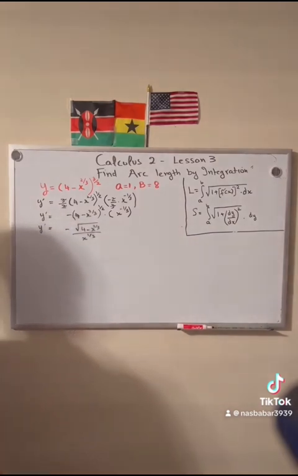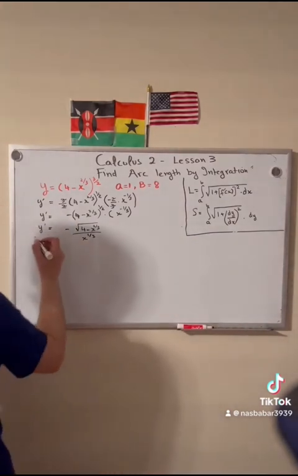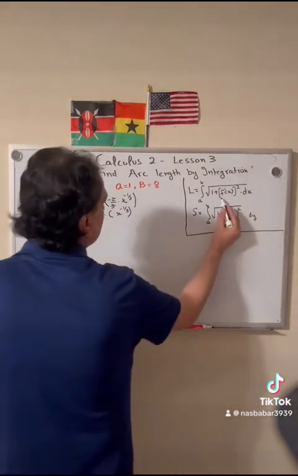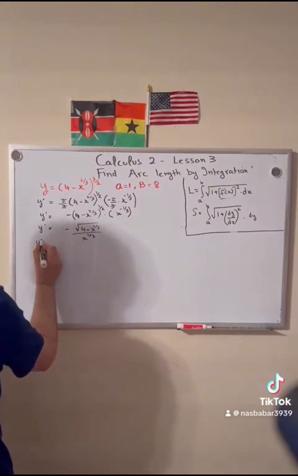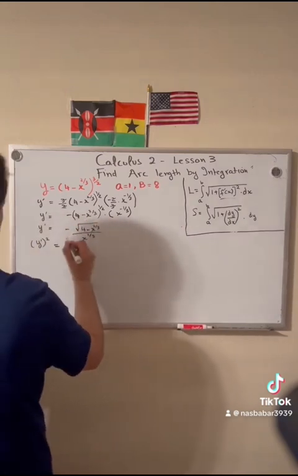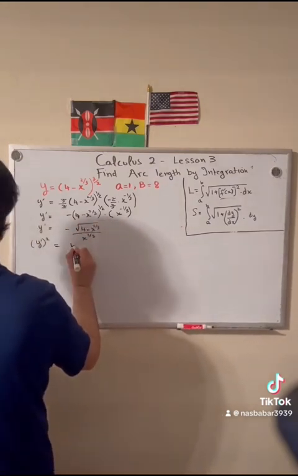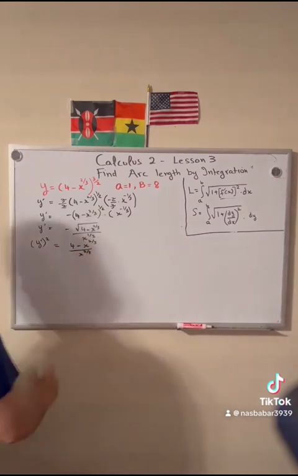All right, so now we take the square of y prime, because that's what we need right here, right? So what we do is that we say y prime, the whole thing squared. If I do that, this under root sign goes away, and I get 4 minus x raised to the power 2 over 3 over x to the 2 over 3, okay?